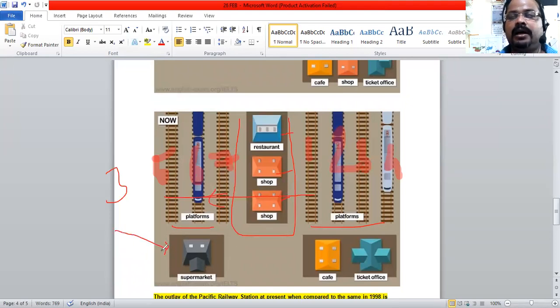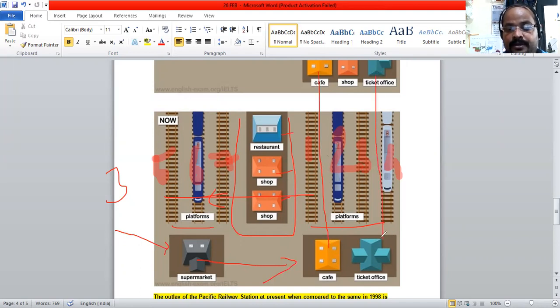the building of a big supermarket at the southwest corner of the station. On the other side of the supermarket you can see the same buildings, the cafe and the ticket office. The cafe is the same, with no change.